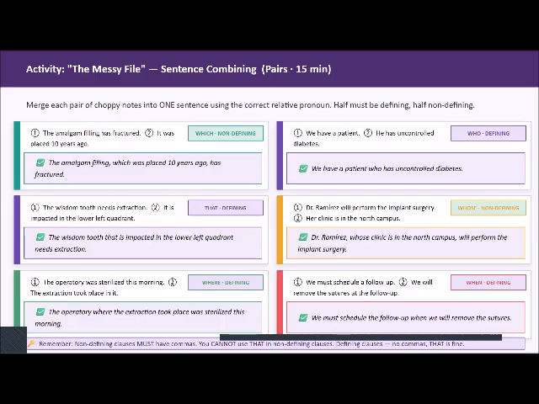Be careful. If you notice that the clause includes two phrases with a person and the verb together, then you're not going to use the pronouns.